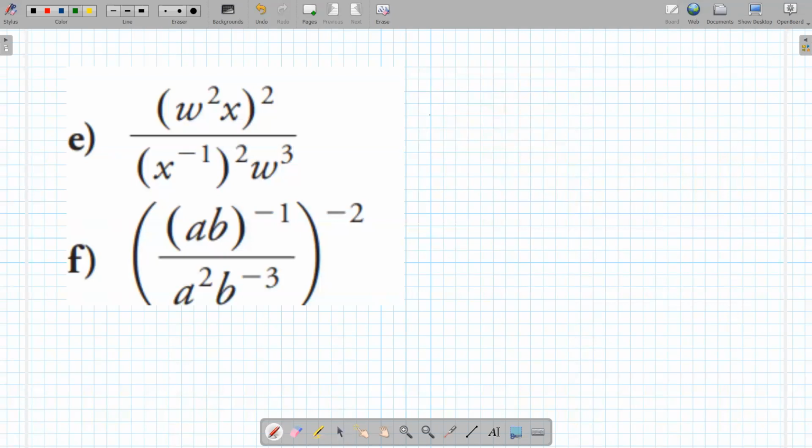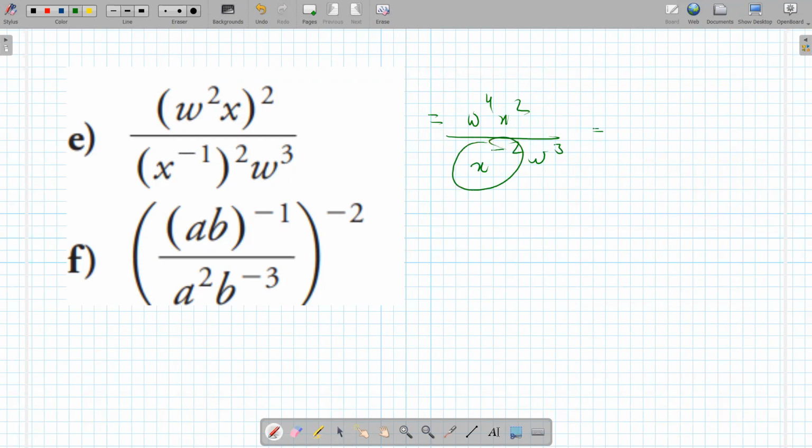Let's look at E. If you open the brackets, what do you get? W to the power of 4 and then X squared. What about on the bottom? X to the power of -2. And then W cubed. Do you bring the x to the -2 up, or do you bring the x squared down?